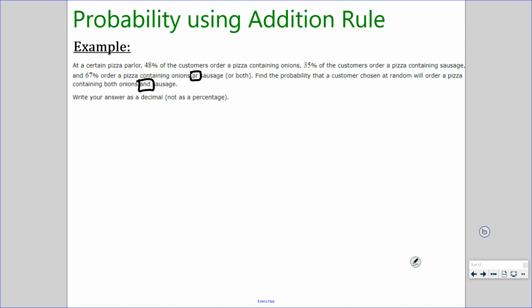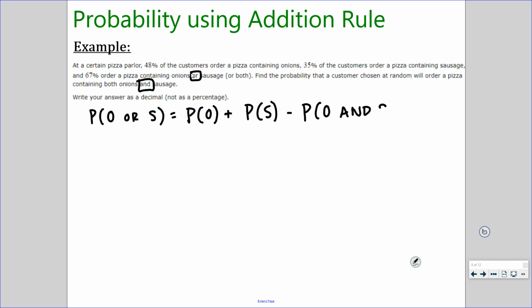Okay, so here I'm thinking my addition formula. The probability that a pizza contains onions or sausage is equal to the probability of ordering a pizza with onions plus the probability of the pizza containing sausage minus both. Okay, here's the weird part of this problem.